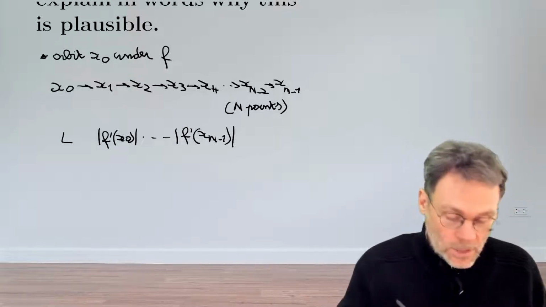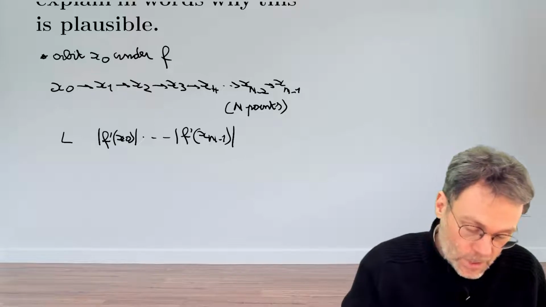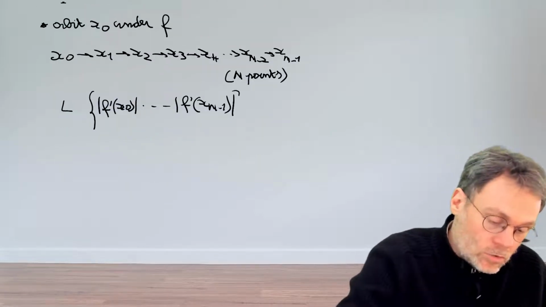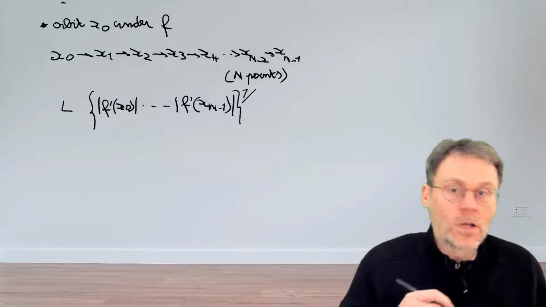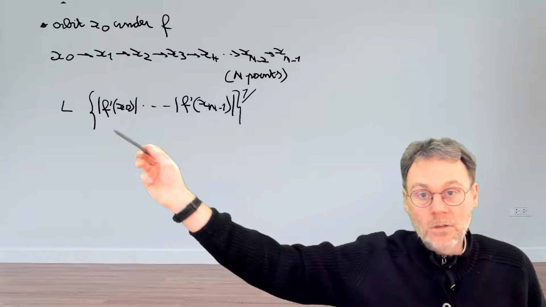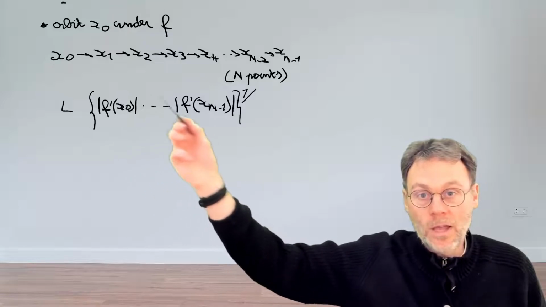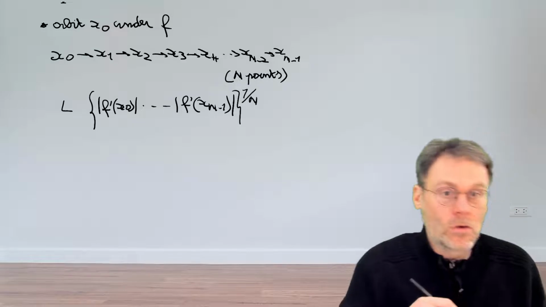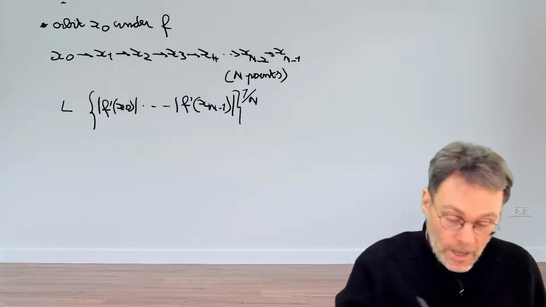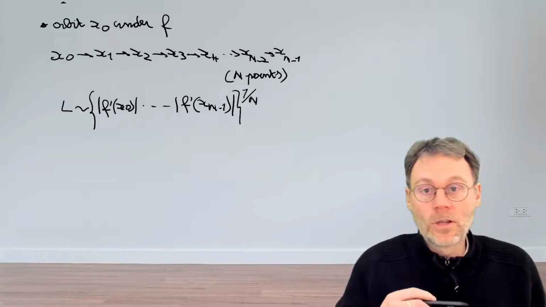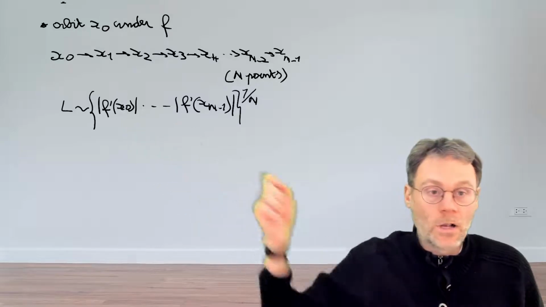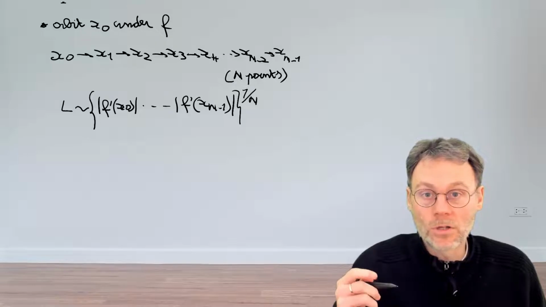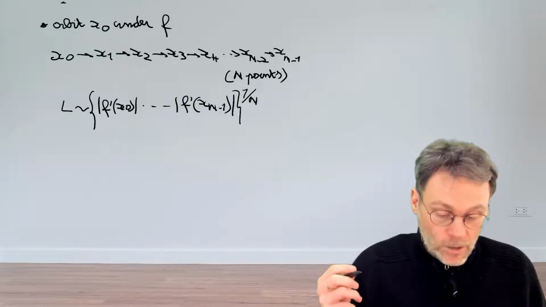Now, in order to calculate the geometrical average, we need to multiply those factors and then we need to raise them to the power of 1 over the total number of things that we average geometrically. So here we have n things that we average, so we should raise that to the power of 1 over n. And if we then take the limit of n going towards infinity, that will give us our Lyapunov number L. Okay, so that's just a quick recap of the definition of Lyapunov number for the regular map.